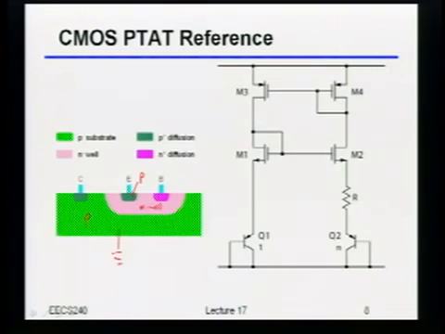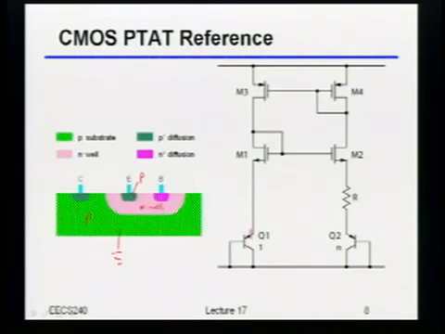So what that typically means is you oftentimes have to build PNPs with the collector tied to ground. And what you'll typically do then is tie the base to ground as well and build your circuit with something that looks like this. Essentially you can almost treat these as two diodes, but they're actually PNP transistors.